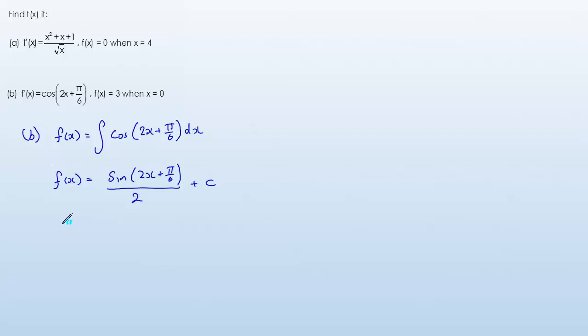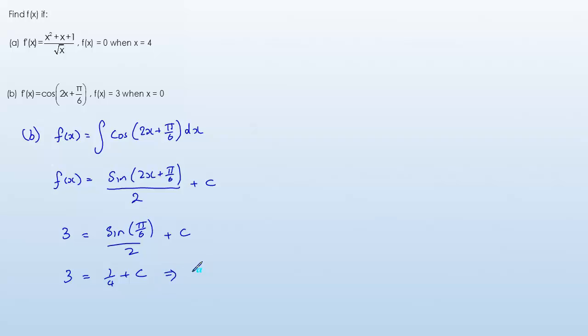Now f of x is 3 when x is 0, so that would become sine of pi by 6 over 2 plus a constant. Now sine pi by 6 is a half. Half divided by 2 is a quarter, so 3 is going to be a quarter plus c.